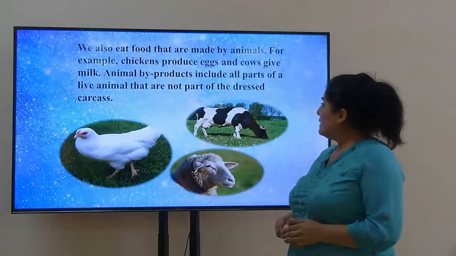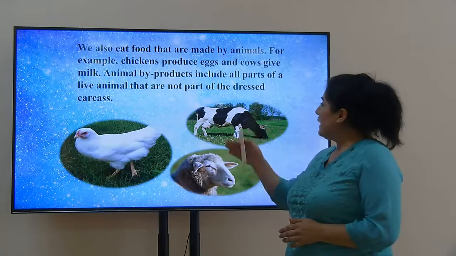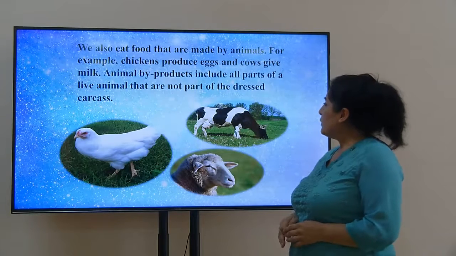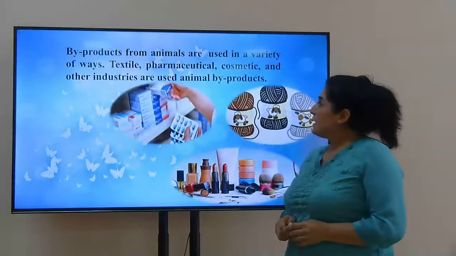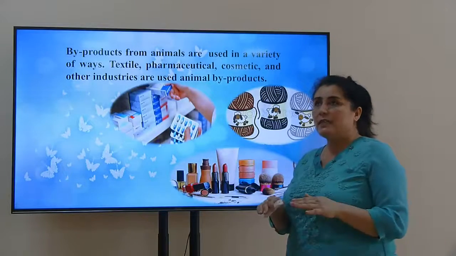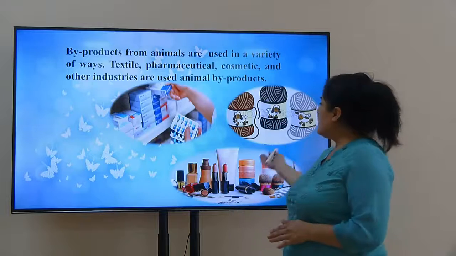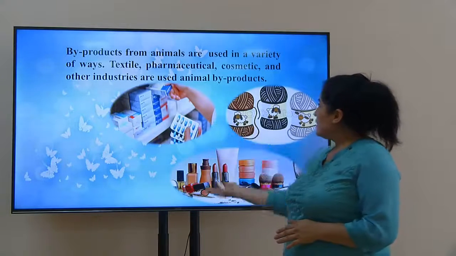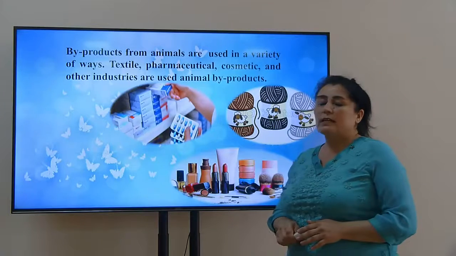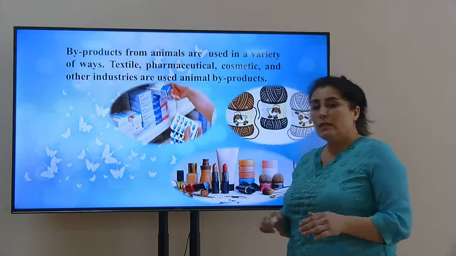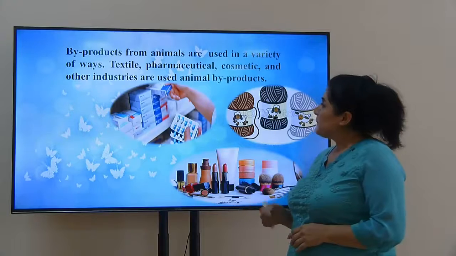Animal byproducts include all parts of a live animal that are not part of the dressed carcass. Animal byproducts are used in different ways. For example, textile, pharmaceutical, cosmetic and other industries use animal byproducts.